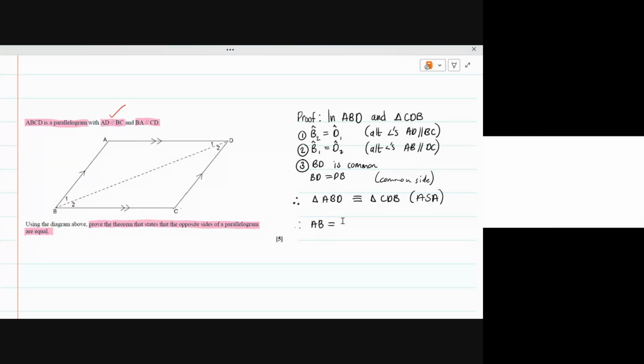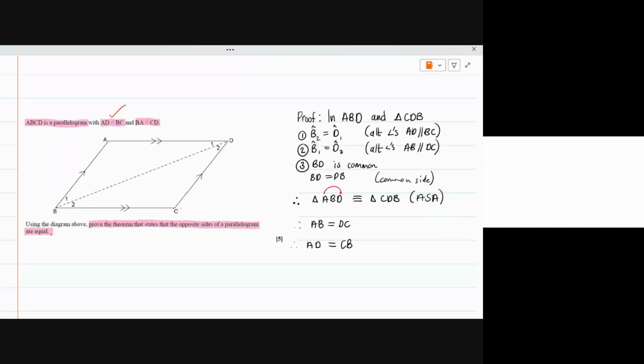That's it, lovely. And we can also say that AD is equal to, AD is equal to which side? CB. CB, lovely. And there we go.